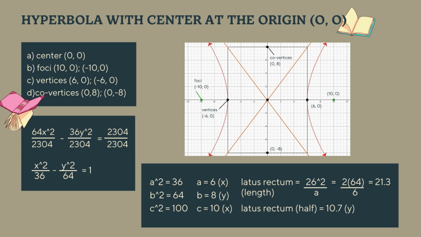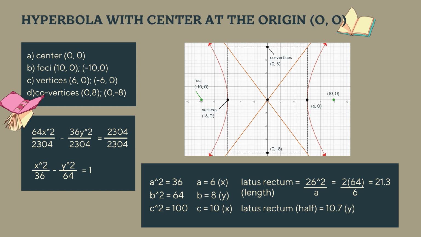In that standard form alone, we can already find the values of a squared, b squared, c squared, a, b, and c. Let's start with a squared, b squared, and c squared first. In order to find those values, we look at our standard equation. Here, our a squared is 36.